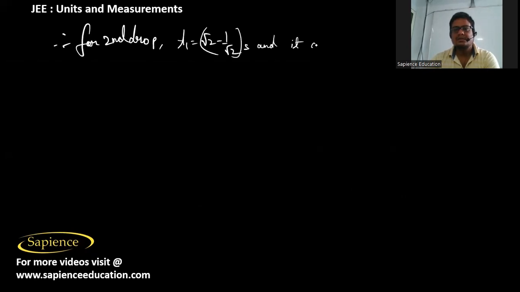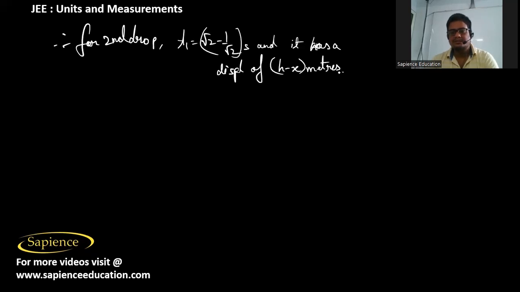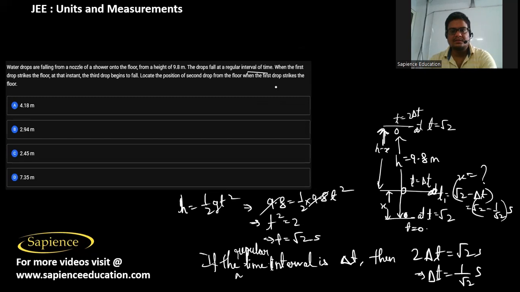So for the second drop, it has fallen for time interval t1, root 2 minus 1 by root 2 seconds, and it has a displacement of h minus x meters.